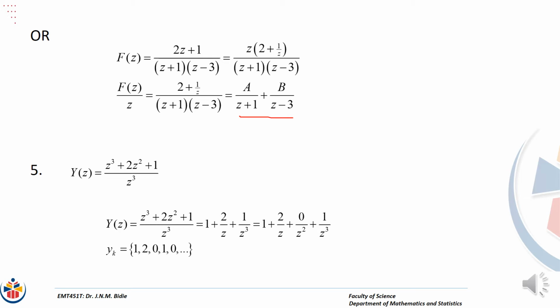Therefore, it means that this sequence, which is represented by that z transform from the definition of the z transform, will be 1, 2, 0, 1, 0, and so on.